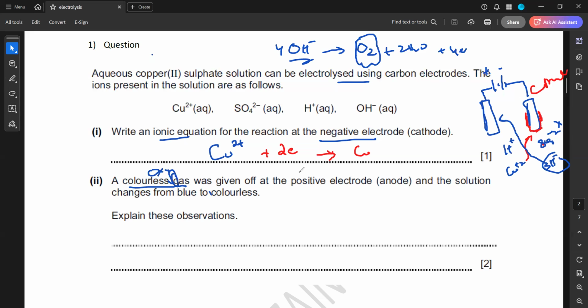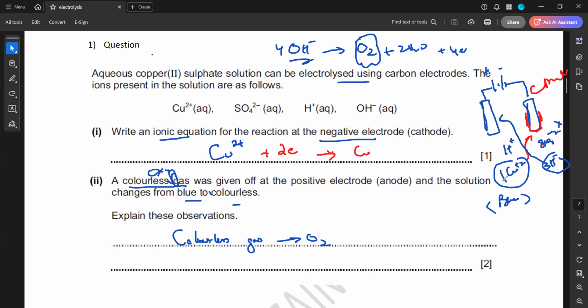And the solution changes from blue to colorless. Explain these observations. The colorless gas is oxygen. But why does the solution change from blue to colorless? As you can see, the copper ions are blue in color in aqueous solution.